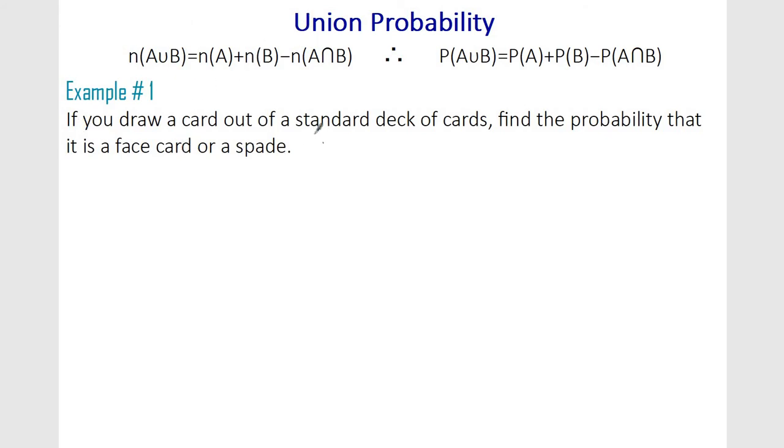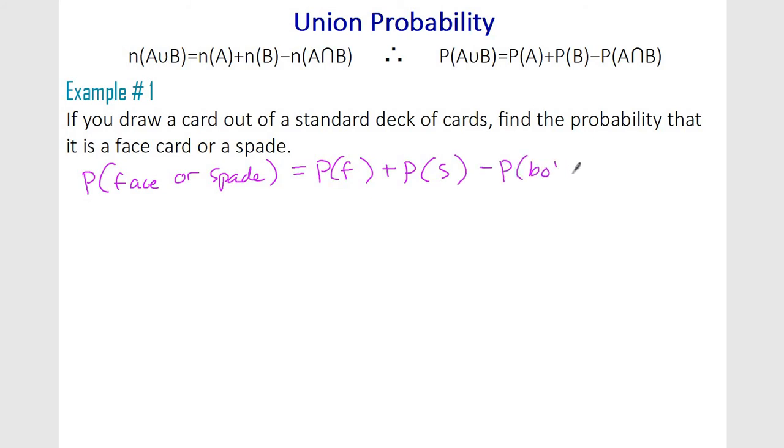Now, if we draw a card out of a standard deck of cards, find the probability that it's a face card or a spade. So the probability that it's a face card plus the probability that it's a spade minus the probability of both. So the probability that it's a face card is, let's see, how many are there?